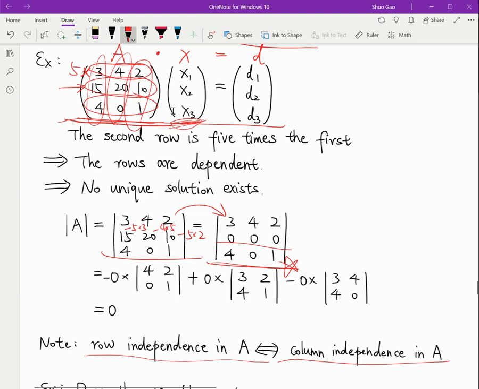Right? Or if the three columns are linearly independent, I mean there are no multiple relationships. There's no column that's a multiple of another column, right? Otherwise that's called linear dependence.